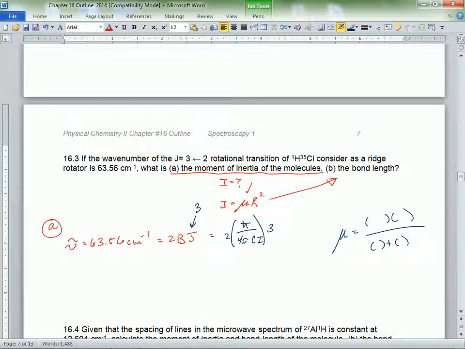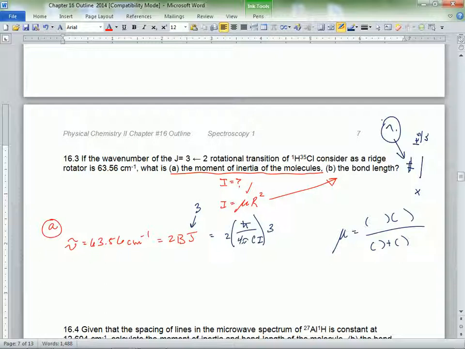So you have to convert that to, what was it? Kilograms over u. What number was that? Concept preview. We figured out how to convert u to kilograms. Right?